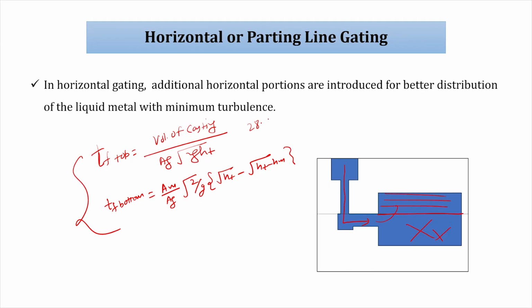So what happens? In the last questions, we have seen 21 second for the top gating and 43.71 second for the bottom gating. Okay. So what will happen here if the same casting we are going to use? The time will be in between.